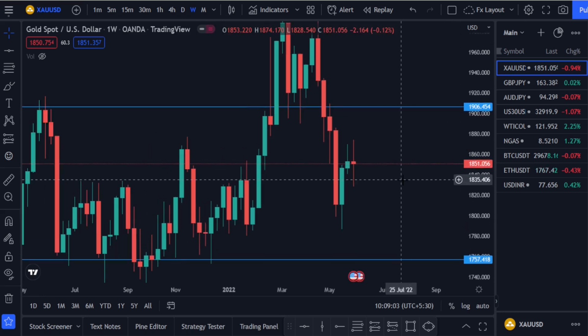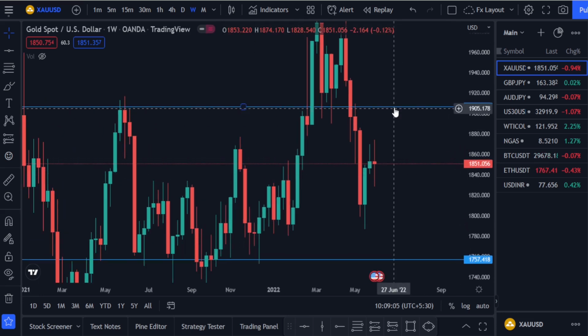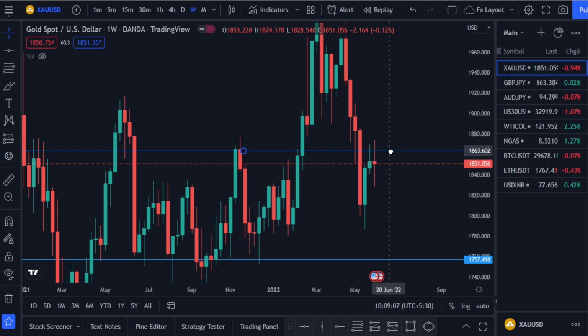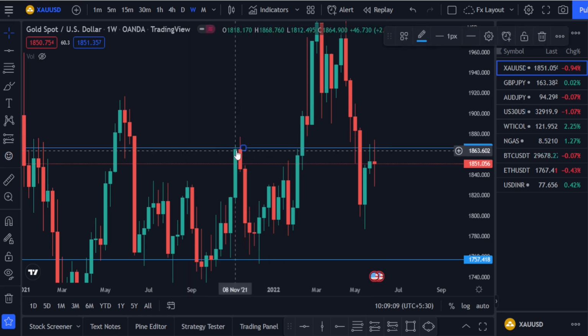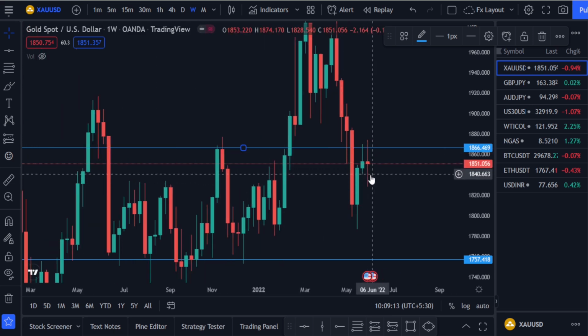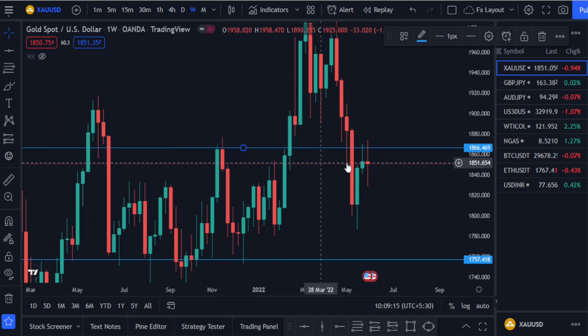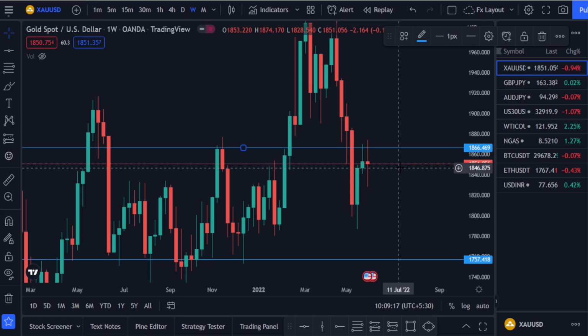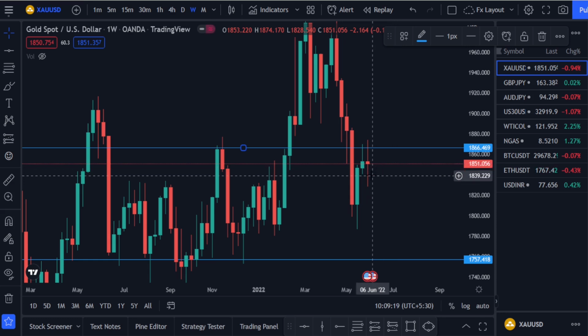On the weekly time frame, guys, as we can see, there was a resistance right here. Pretty much it's a resistance historically, and the previous weekly candle closed bearish at the resistance. Now it's a kind of doji, because it's a bearish, but it's a weak bearish. It's not a strong bearish like this.